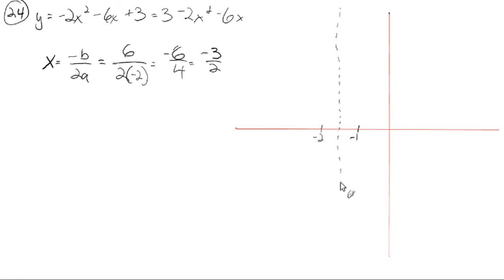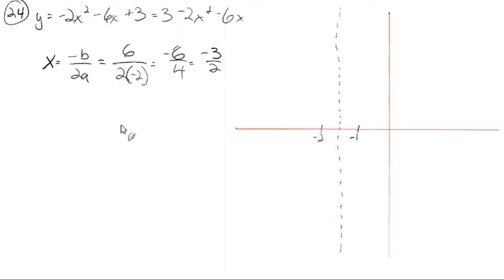It's that line that cuts the parabola right in half. What part of the parabola is this axis of symmetry going to cut right through? It's going to cut right through the vertex, right through the middle. And that'll be the vertex.